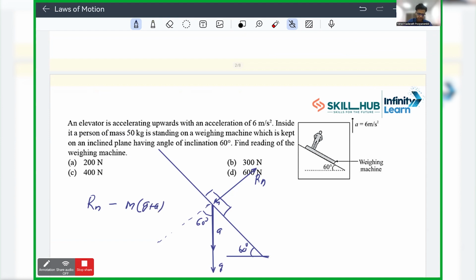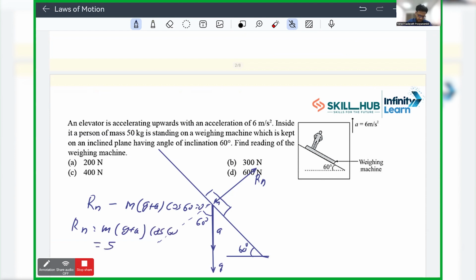Then we take the component perpendicular to the surface, that is cos 60. So Rn should be equal to M into (G plus A) cos 60.